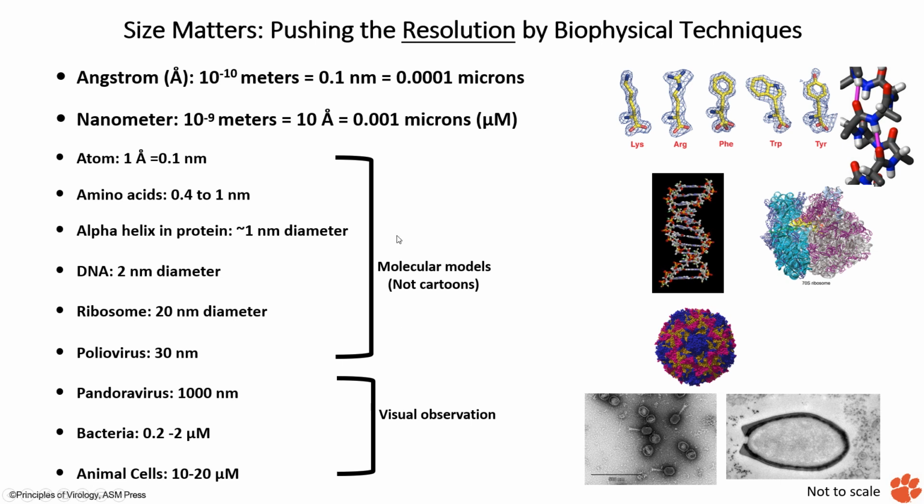You go up the scale, DNA, you are seeing at 2 nanometers. You are seeing a ribosome, this is at 20 nanometers. Now, what you will be able to see, the alpha helix in a protein is a 1 nanometer diameter, and you are seeing an alpha helix, part of the alpha helix right here.